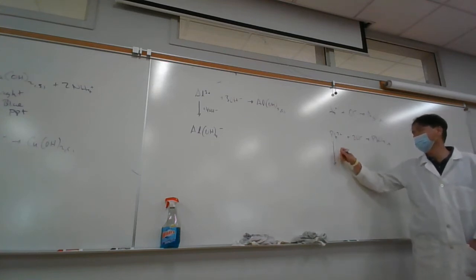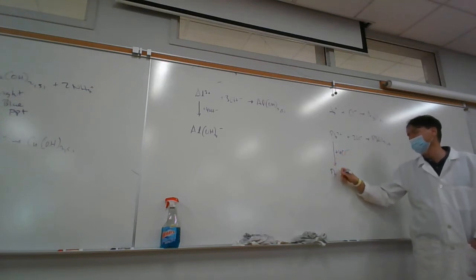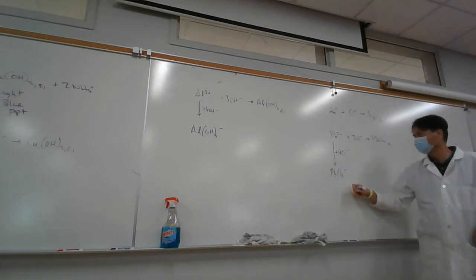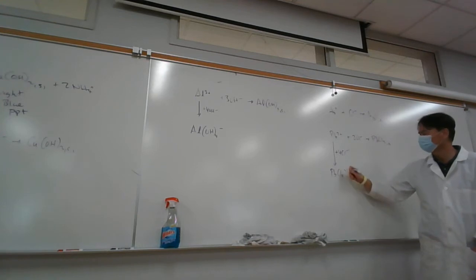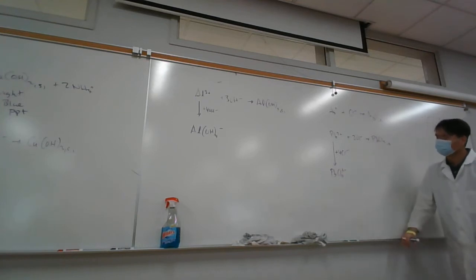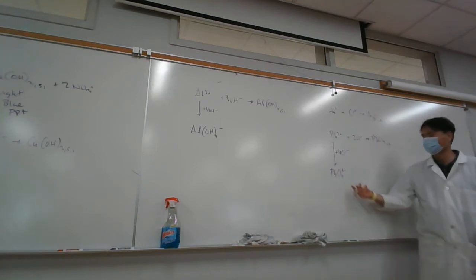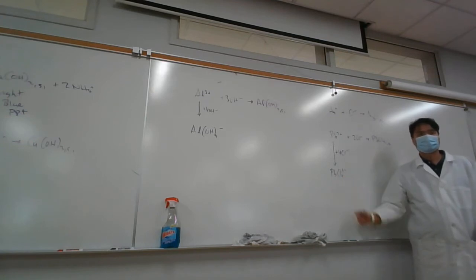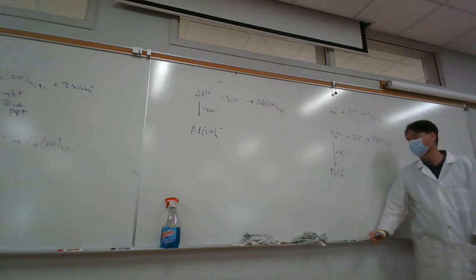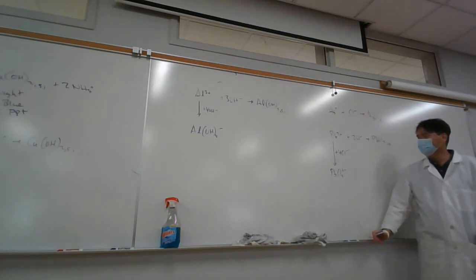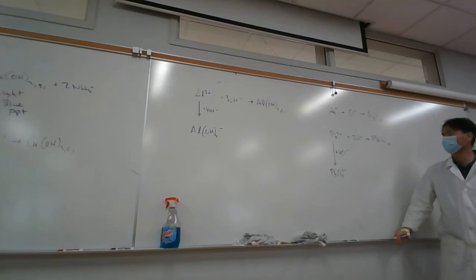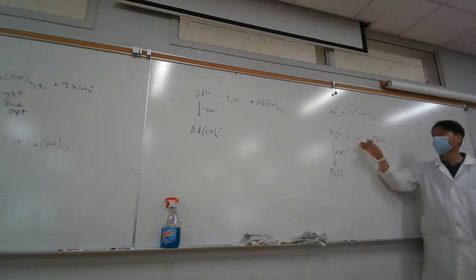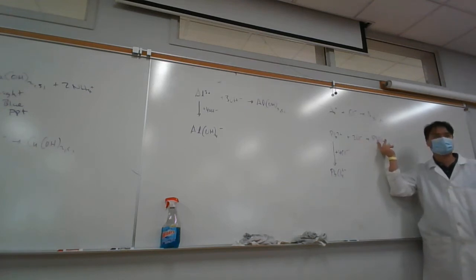In Appendix D, if there are 4 chlorides, I'm going to form a complex like this and get this tetrachloroplumbate ion. What that means is that if I continue adding more and more chloride, this precipitate is going to disappear.